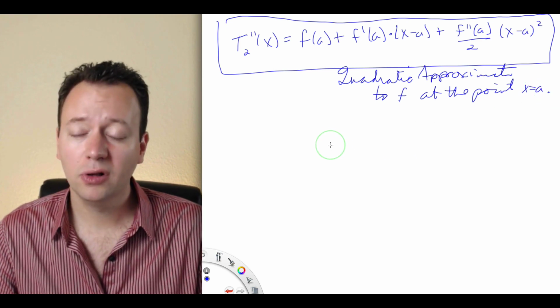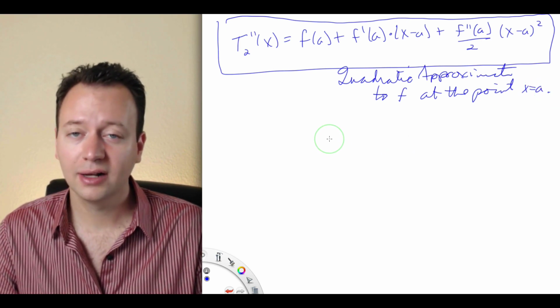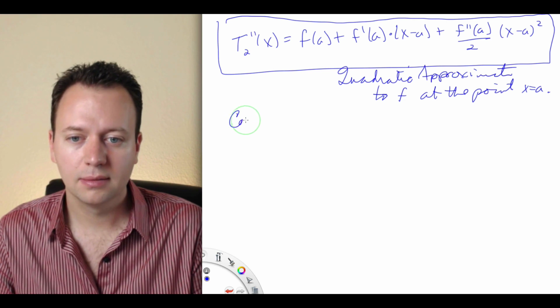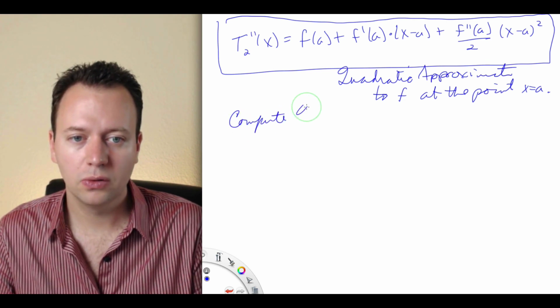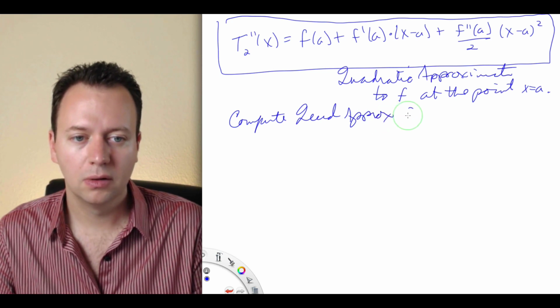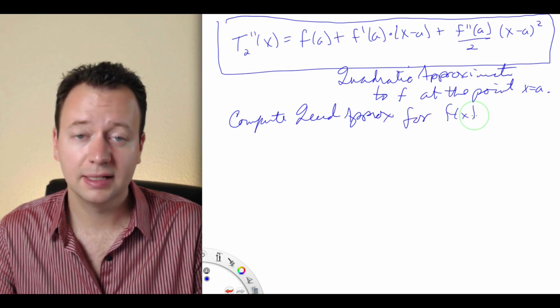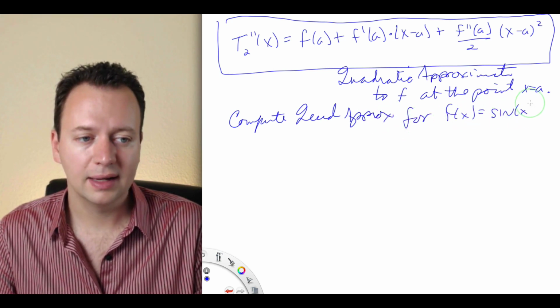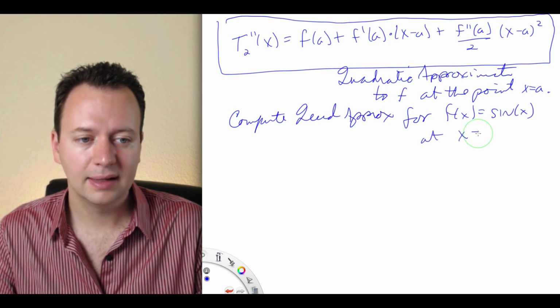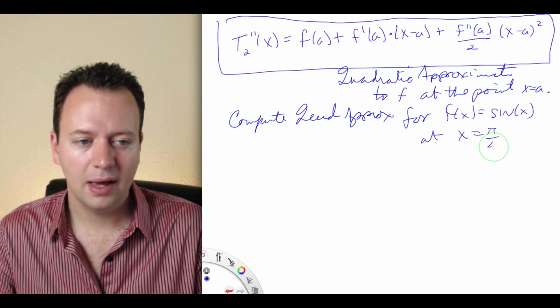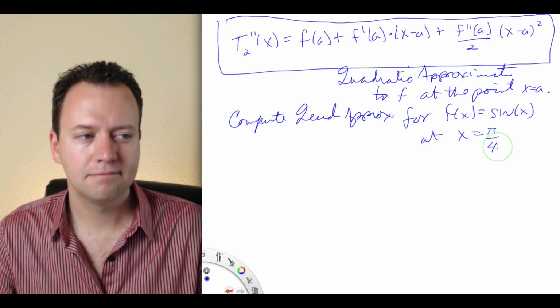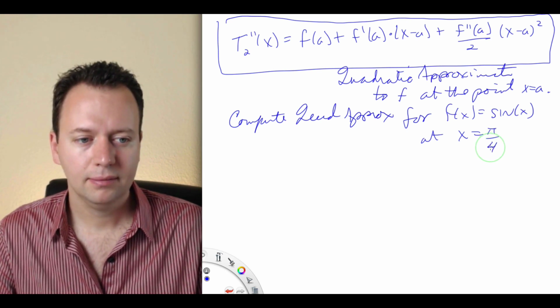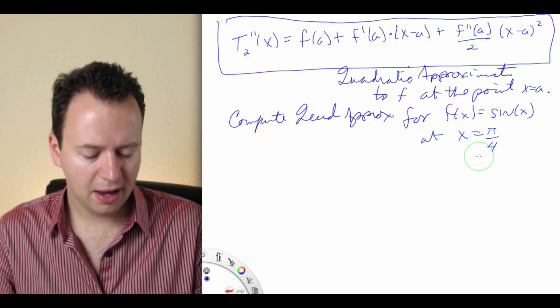So in this example, let's compute the quadratic approximation for f of x is equal to sine of x at x is equal to, let's do pi over 4, why not? Pi over 2 is good.